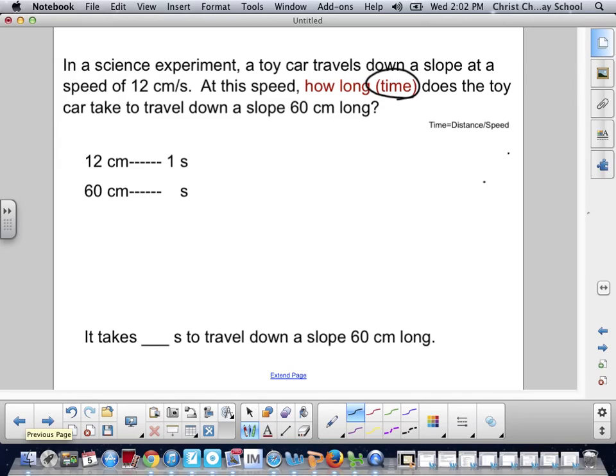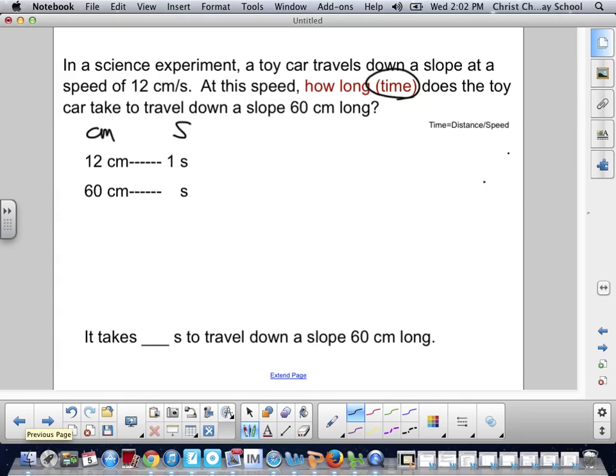Well, we can figure out time if given the distance and the speed. So again, we can use the arrow diagram to organize our information. And we have our centimeters on this side and our time, or seconds, on the other side.